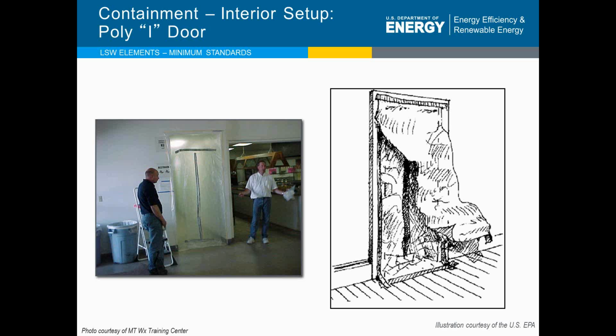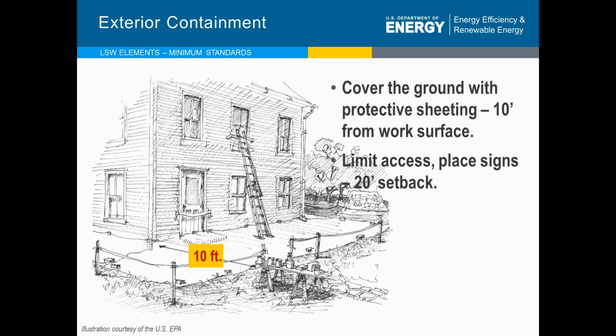That's one of the skill sets that a certified renovator would go through in their training for RRP. That is a snapshot of interior containment. And the main takeaway for you is the fact that there is this level 1 containment. Anything less than 6 square feet per room interior or 20 square feet exterior, you must apply containment.